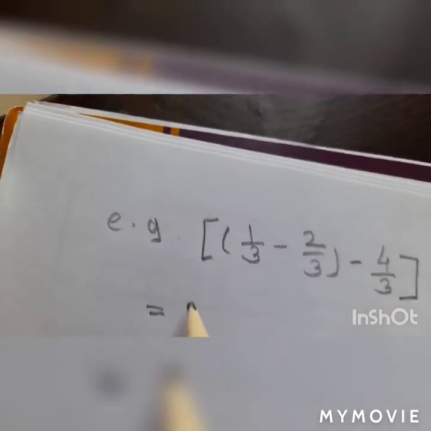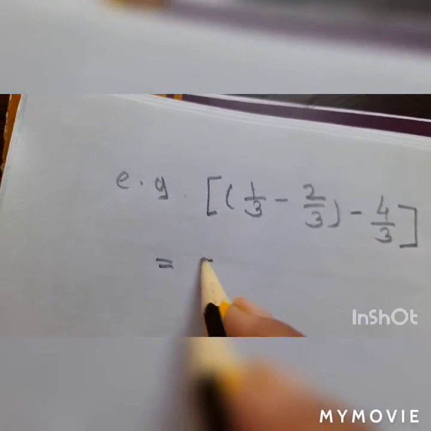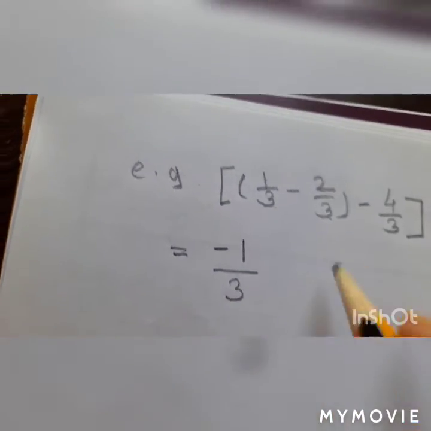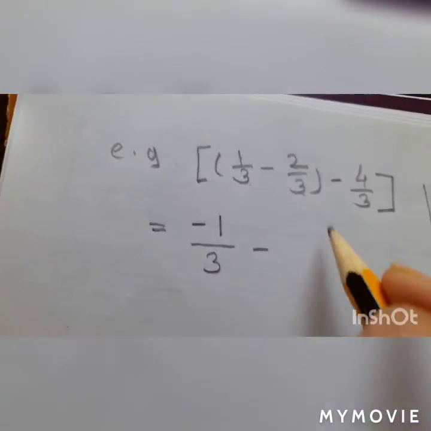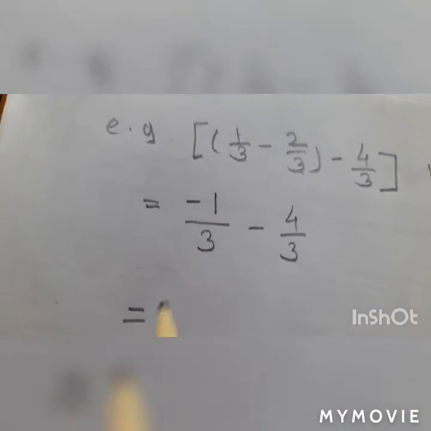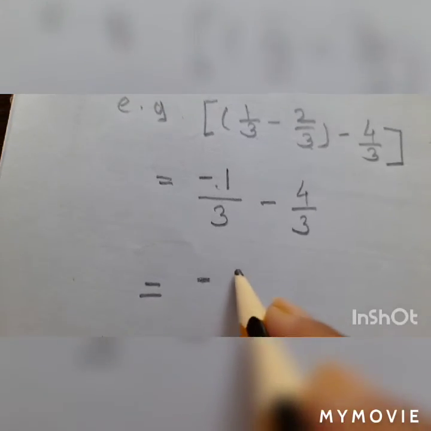Is equal to 1 minus 2 is minus 1, 3 is LCM, minus 4 upon 3 as it is. Minus 1 minus 4, the answer is minus 5 upon 3.